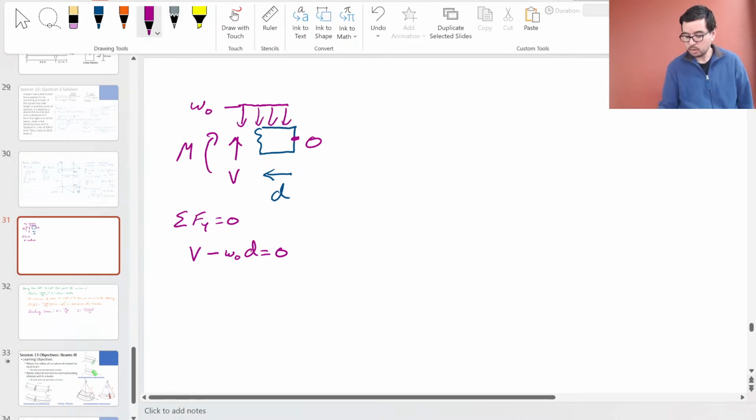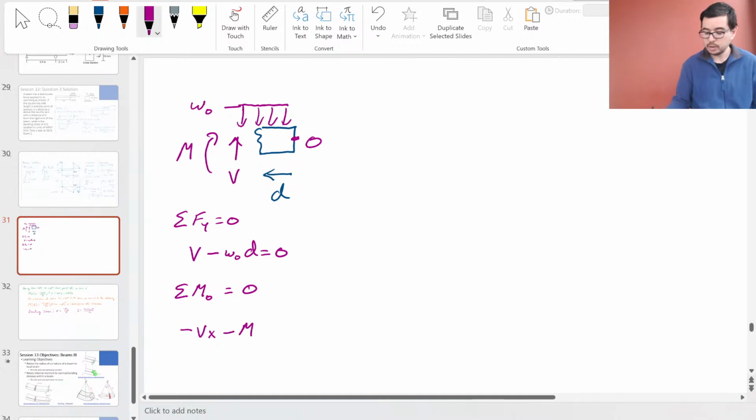And what are we going to have for our expression for the moments? Okay, if we do it at O, we have some Vx, which is negative, right? And we have a minus M, that's also negative, right? And then we have a positive contribution.